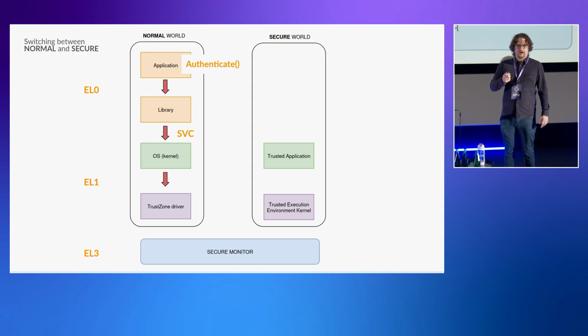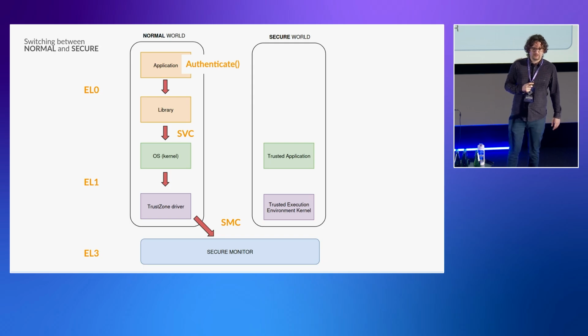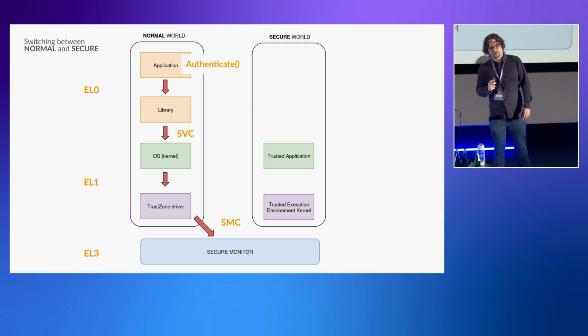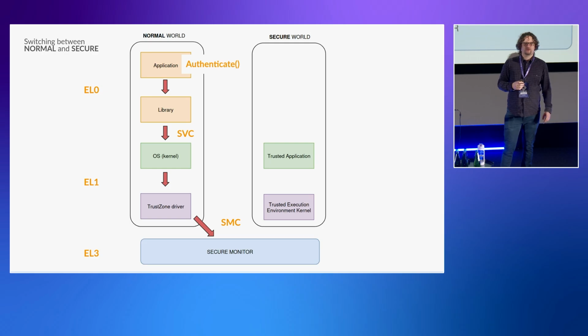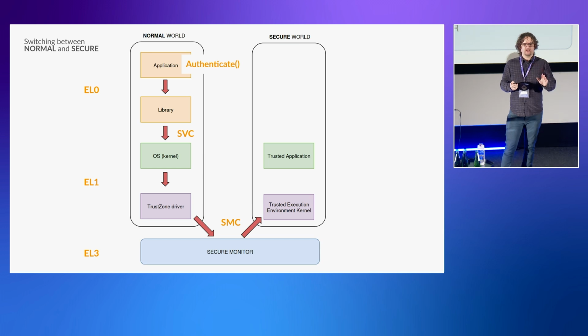Then we are switching from the normal to the secure world on the EL3 exception level, and this is done using the SMC instruction. This instruction is the most important on this diagram. It's called secure monitor call. And with this, our permissions are checked, and then we are going into the secure world.